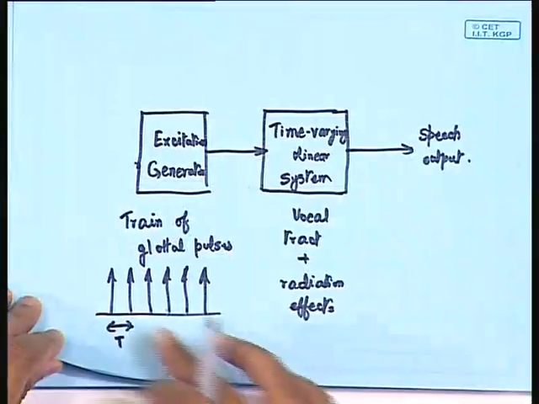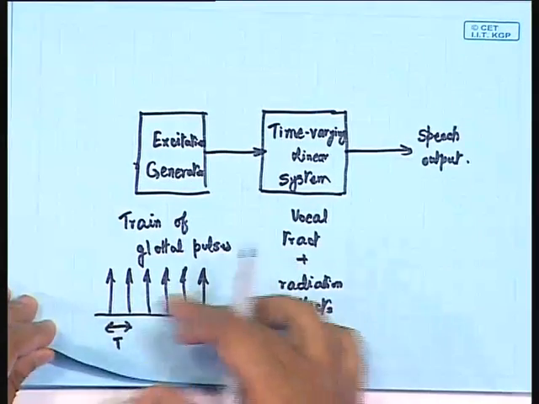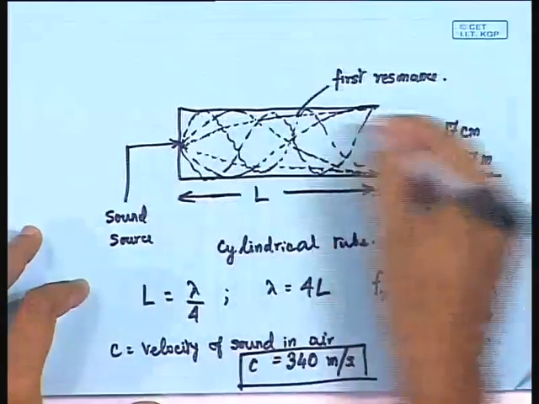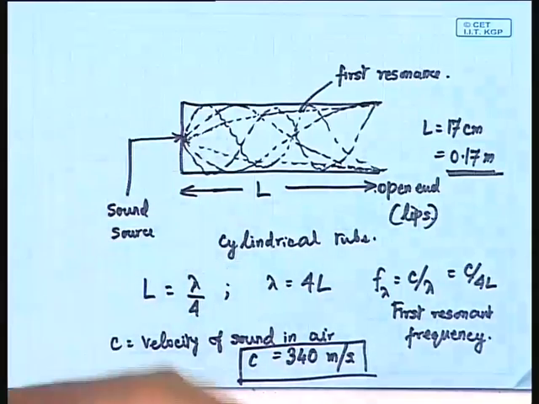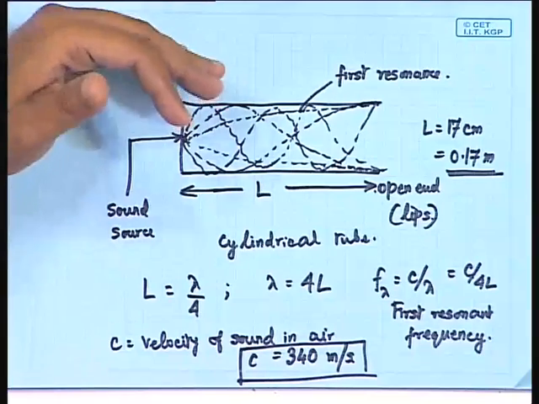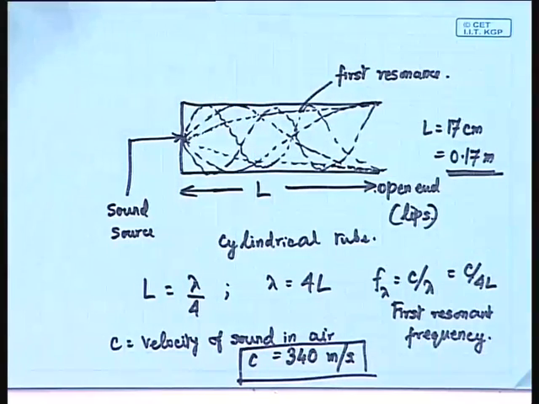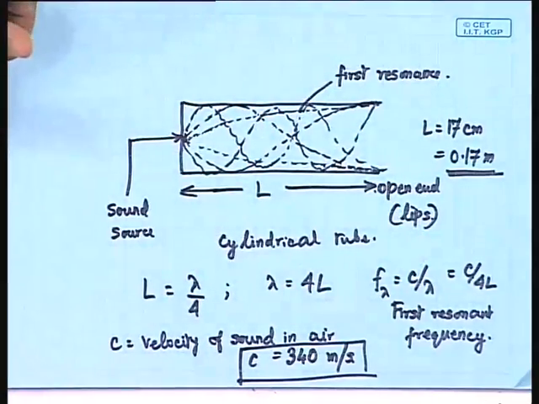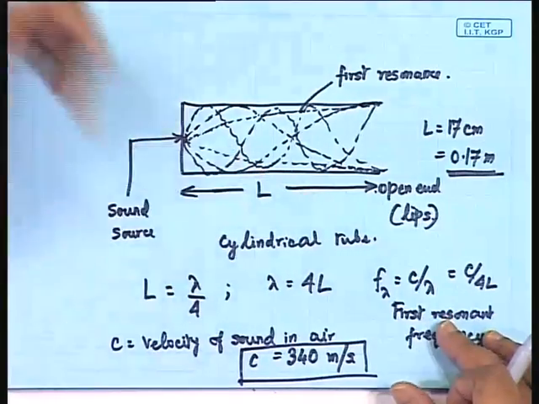Here we are having a source of excitation, but the excitation is actually taking place in the vocal tract, which in a very crude sense, of course not a very good model, we can say is an open-ended model of an organ pipe, where at this end you are producing the sound source and here you are having the lips end.